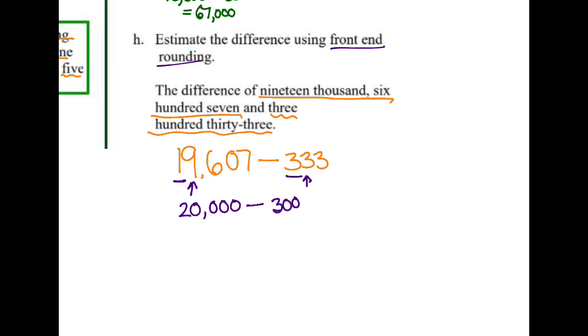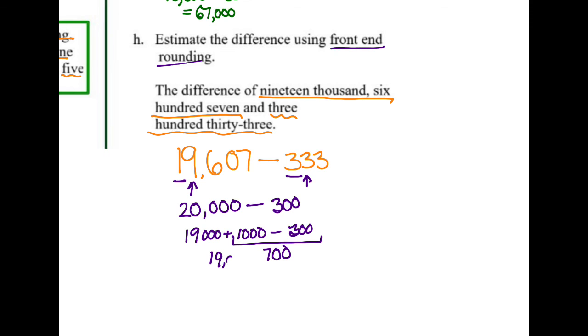Okay, now this one is a little difficult because of all the zeros in the weird places. 20,000 is 19,000 plus 1,000, right? And then the 300 comes down. So now if I have 1,000 minus 300, so like 1,000 minus 300 is 700, right?